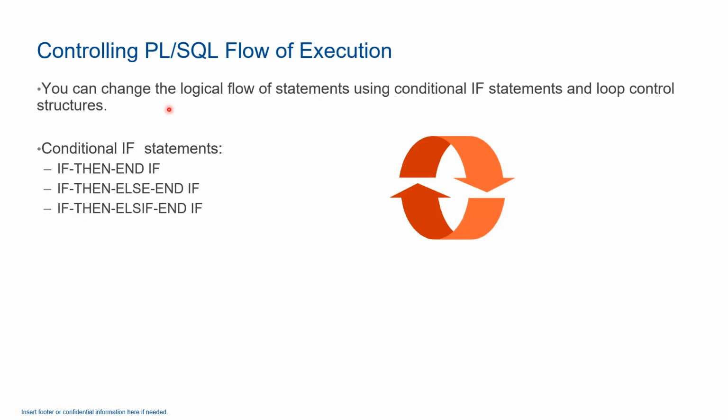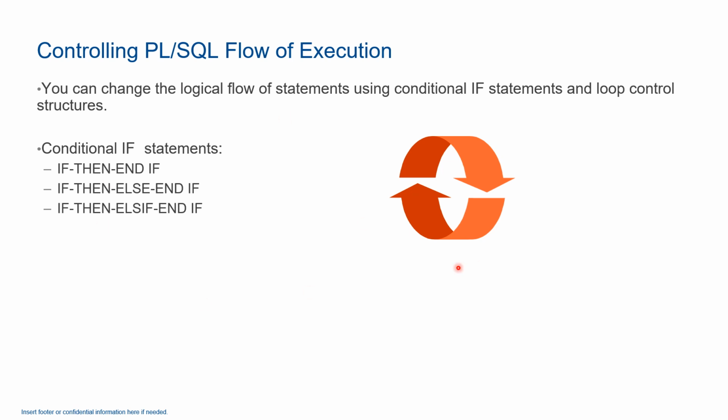Controlling PL/SQL flow of execution. You can change the logical flow of statements using conditional IF statements and loop control structures. I understand that you might be aware of conditional IF statements. So we have IF-THEN, IF-THEN-ELSE, and IF-THEN-ELSIF.